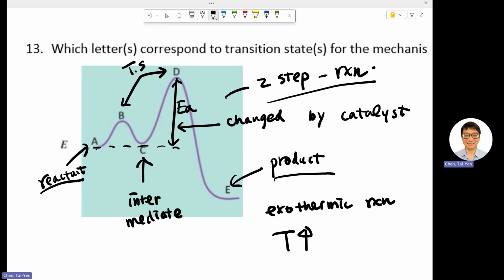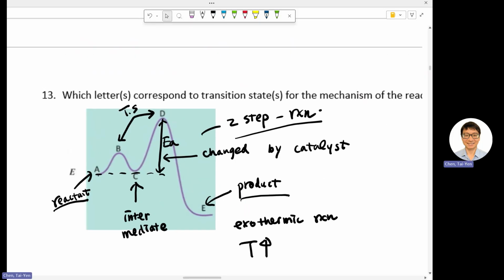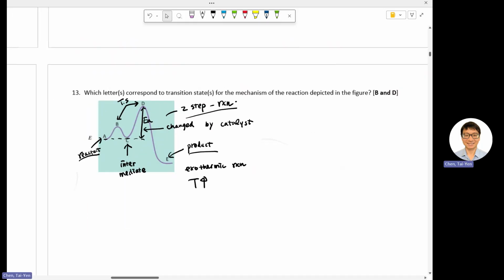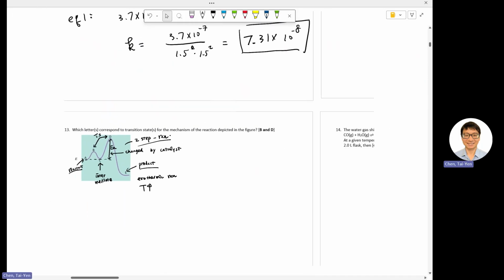Make sure you know exactly what potential questions can come out of this specific plot. I think that's pretty much all the questions for chapter 11.